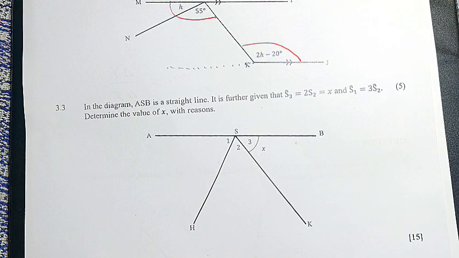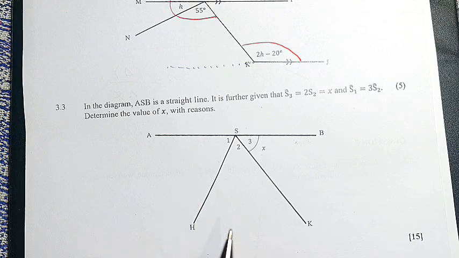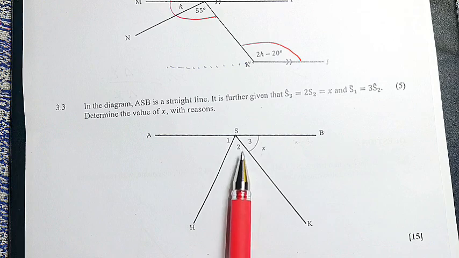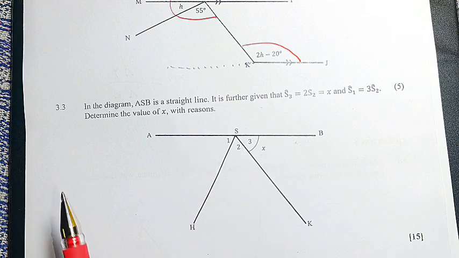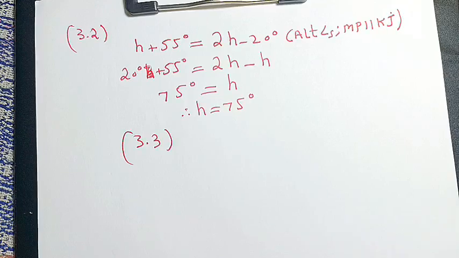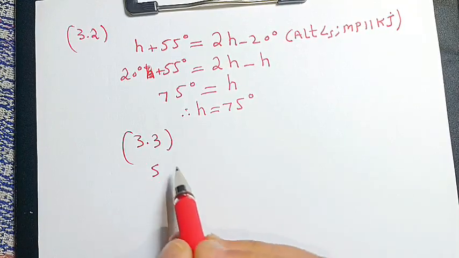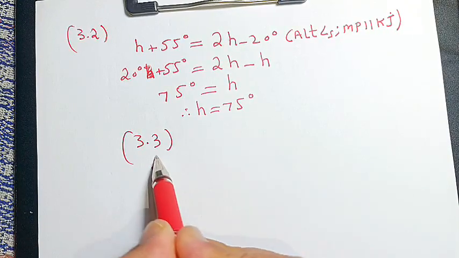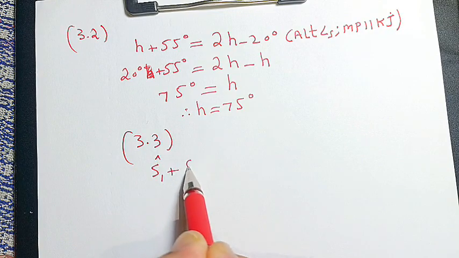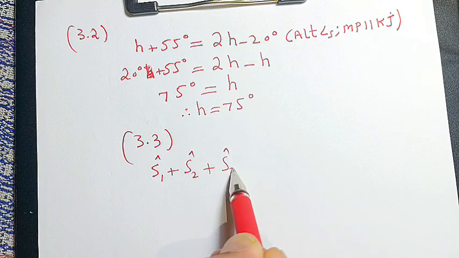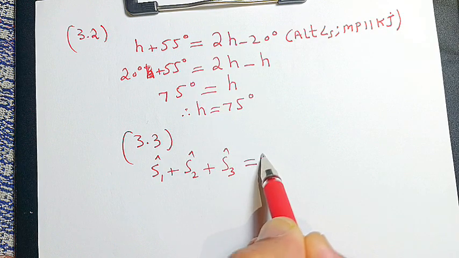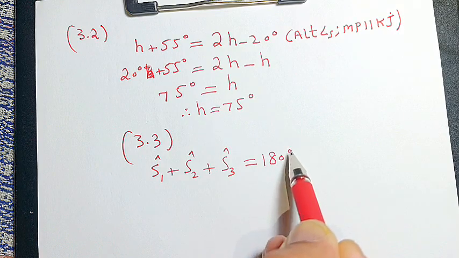Easy question. We must understand the condition here. Angle S1, angle S2, angle S3, angles on a straight line, that's going to be equal to 180 degrees, and then we'll solve this question. So angle S1 plus angle S2 plus angle S3 is going to be equal to 180 degrees. Why?